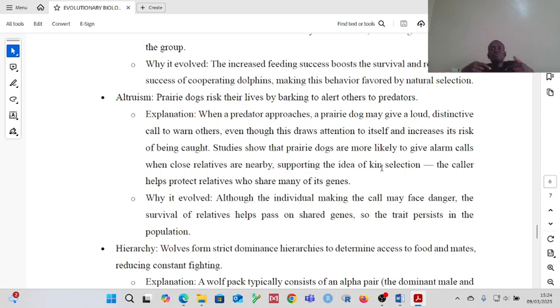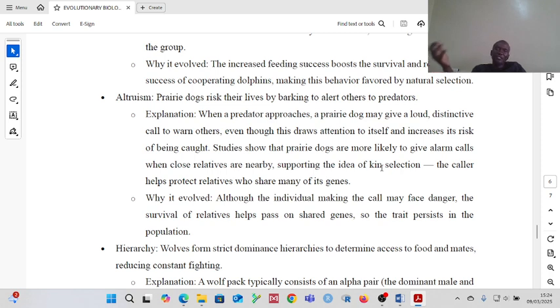So it is about kin selection, helping family. Imesaidia shared genes ziendelee. Okay? So the caller will have helped to protect relatives who share many of its genes. Hata hiyo ikikuliwa na predator, but its relatives wataishi.